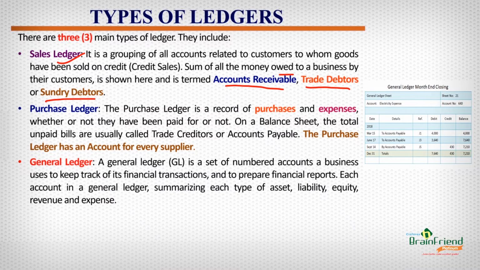Now, we also have the purchase ledger. The purchase ledger records purchases and expenses whether or not they have been paid for. A balance sheet that totals the unpaid bills is usually called trade creditors or accounts payable.